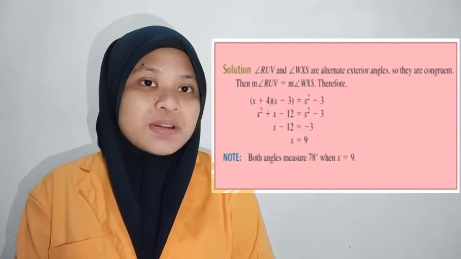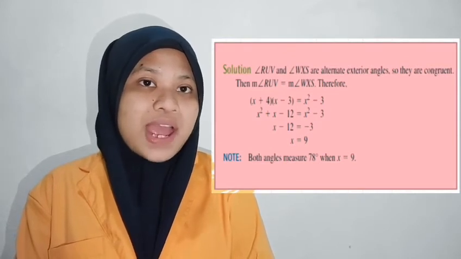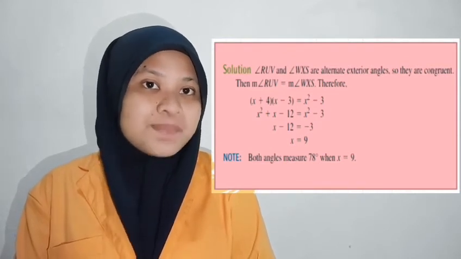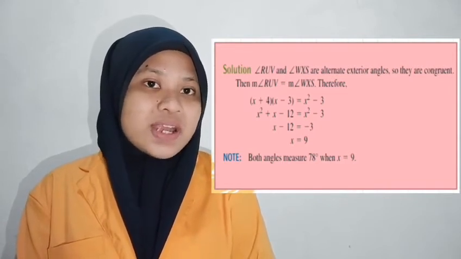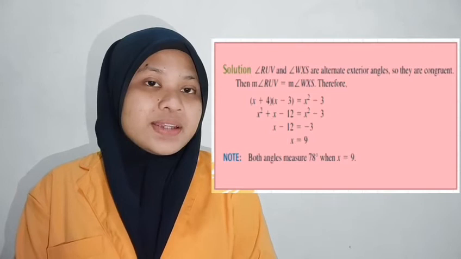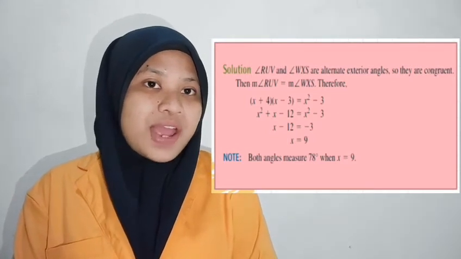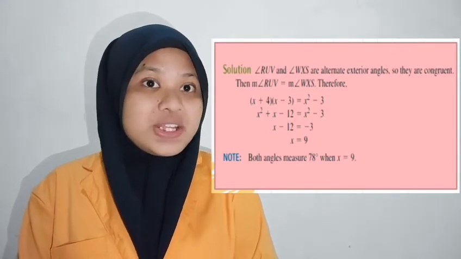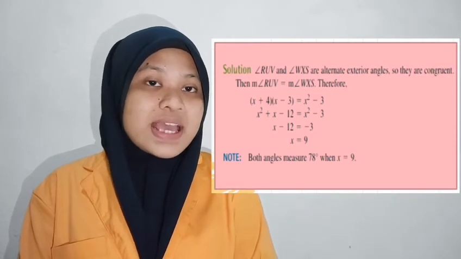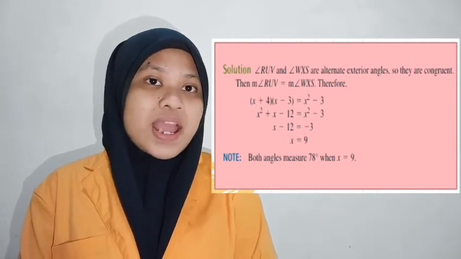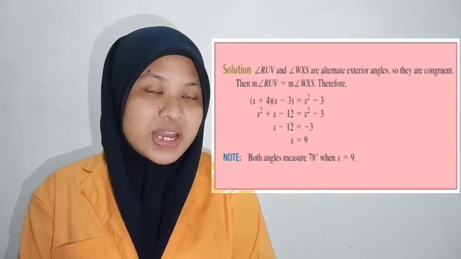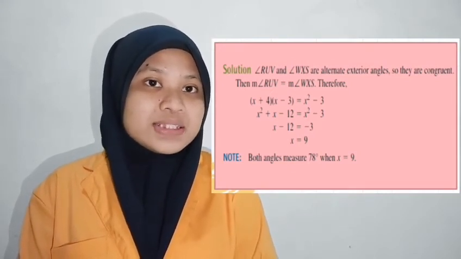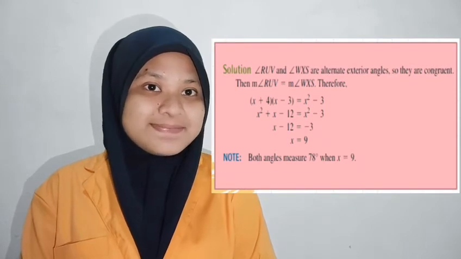We can subtract x squared on the left and right sides. It becomes x minus 12 equals minus 3. We can add 12 on both sides, and finally we find the value of x is equal to 9. If we substitute x equals 9 into the equation, we find both angles measure 78 degrees.